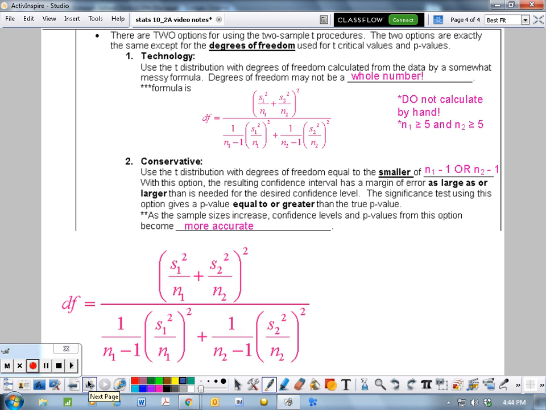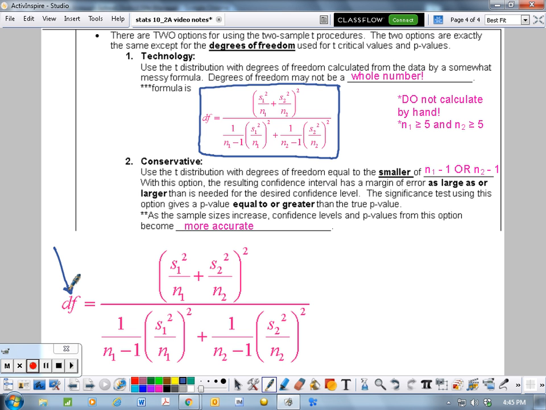So with every t-procedure, when we start calculating our t-CDFs, we always have to look at degrees of freedom. We have two different ways of doing this, and we have technology. When you plug everything into your calculator and let the calculator do your tests for you, it uses this really complicated degrees of freedom formula. In fact, I have it right down here, so it's easier to read.